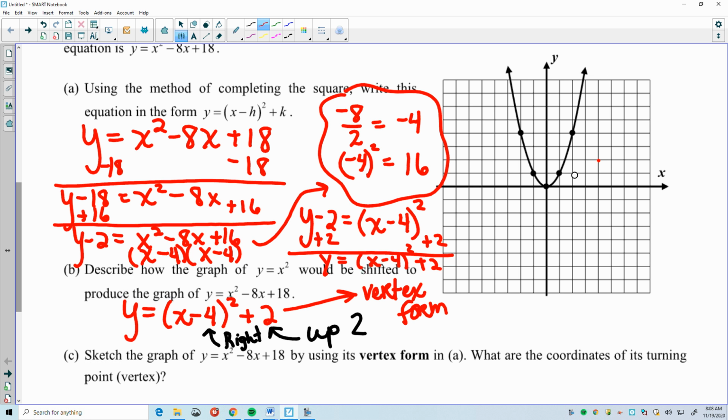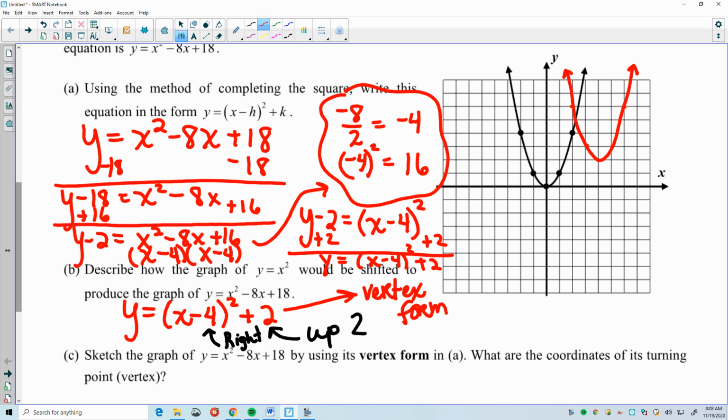I'm going to take this and go 1, 2, 3, 4, up 2. Take this point, 1, 2, 3, 4, up 2. Same thing for all the points, 1, 2, 3, 4, up 2. Connecting this out as best as we can, that's going to be your transformed parabola.